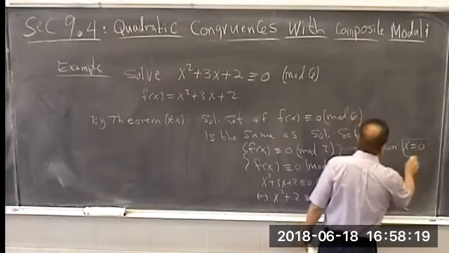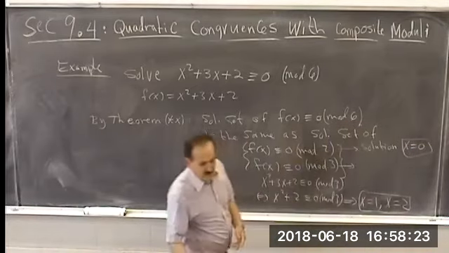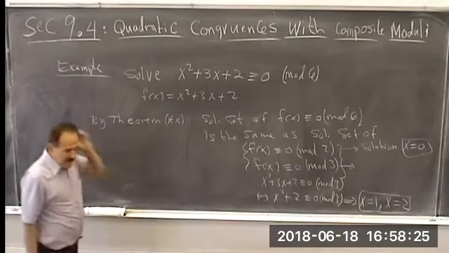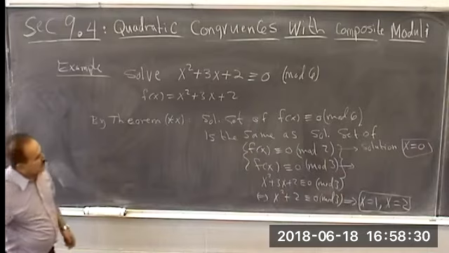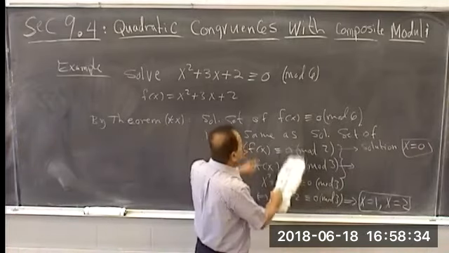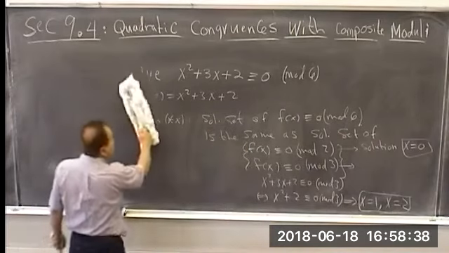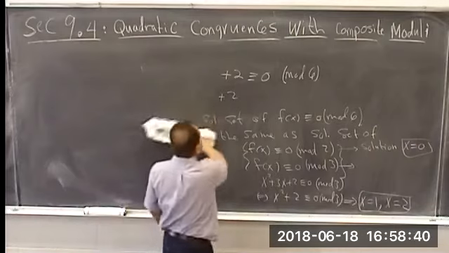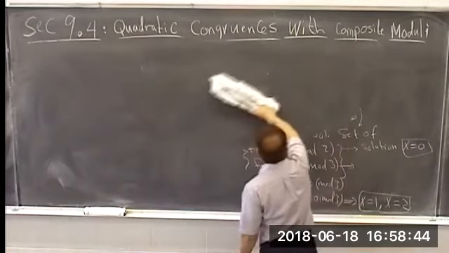All right, so we have one solution here and two solutions there. Now, this is where we need to use the Chinese remainder theorem to find the solution for the system, meaning the value of x that satisfies both f of x congruent to 0 mod 2 and f of x congruent to 0 mod 3.